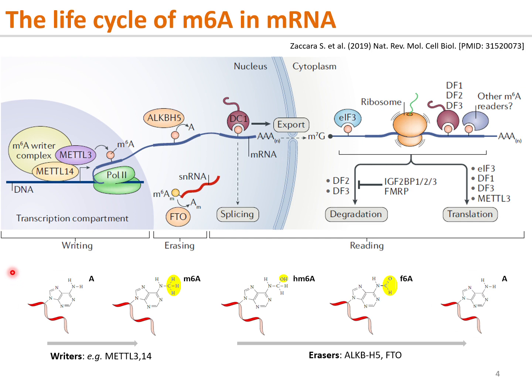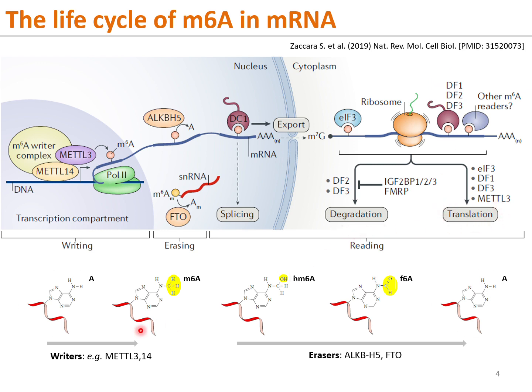In the cells, m6A modification is installed by m6A writers such as METTL3 and METTL14 methyltransferases. The m6A modified RNAs are recognized by m6A readers such as YTH family proteins DF1, 2, 3 that determine the fate of mRNAs for translation or for decay.